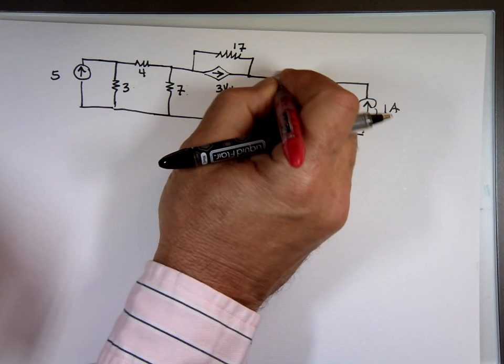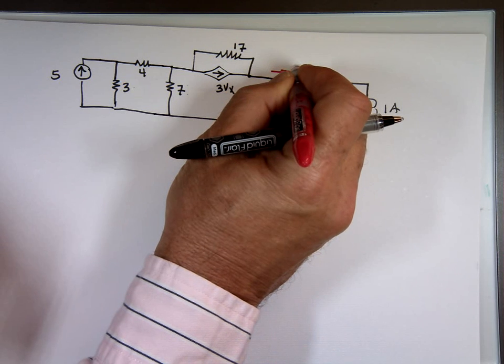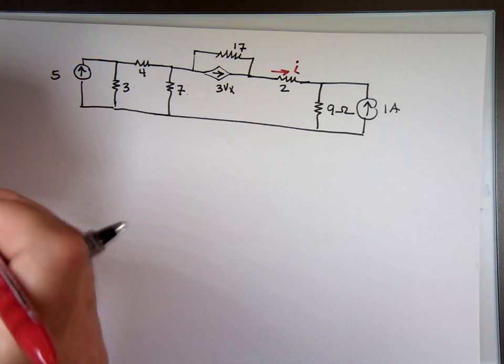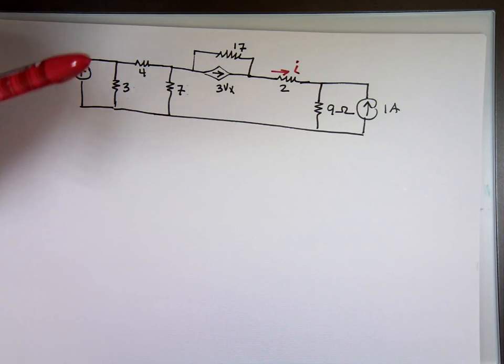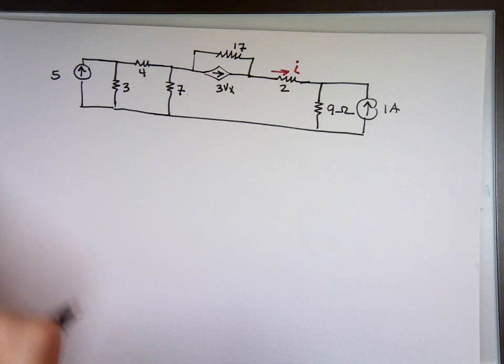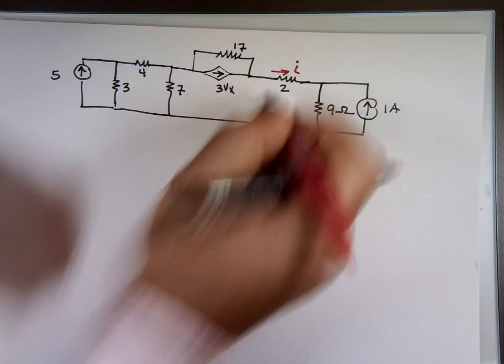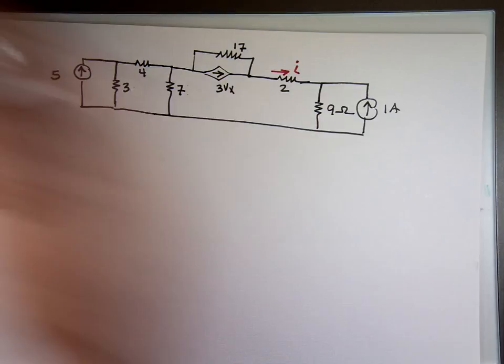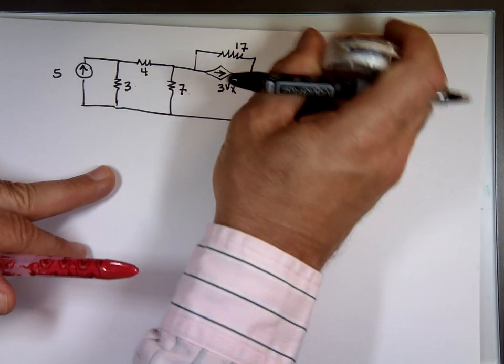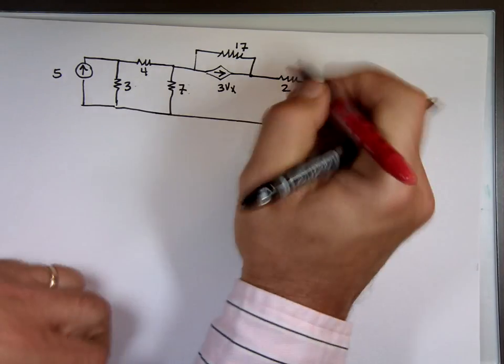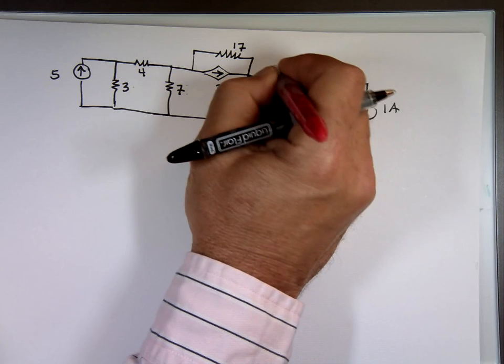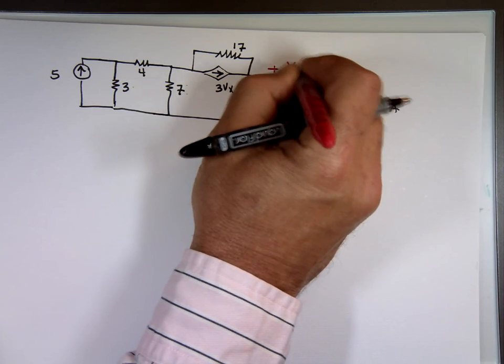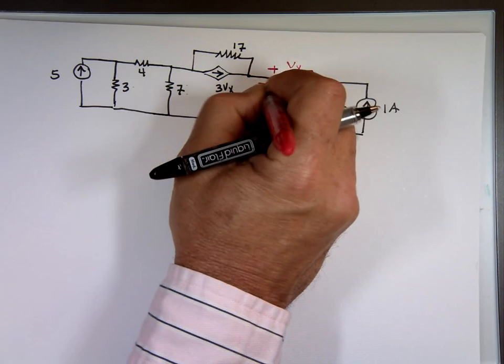What's this current? And now Vx, let me tell you where Vx is. Vx happens to be right there across this one. Let me clean it a little bit. Vx is right here. And this is the current, I.